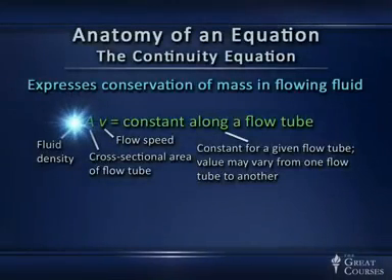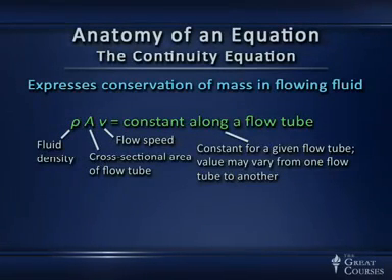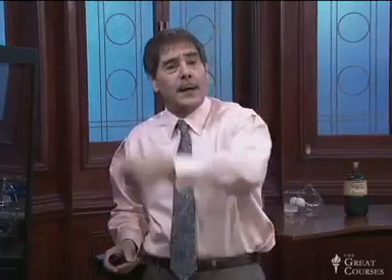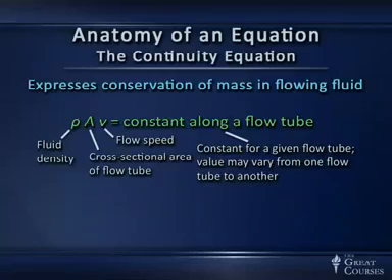There's our equation. Rho times area times speed is a constant along the flow tube. You identify a flow tube, you pick the values of rho and A and V at one point, you measure them at some other point, and in steady flow, they must be the same. Because no fluid is leaking out of that tube from the sides, whatever fluid comes in has to go back out. That quantity has to be a conserved quantity.